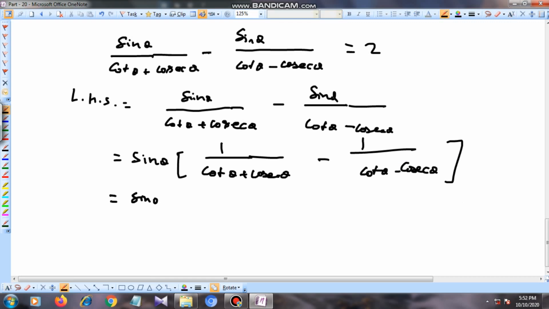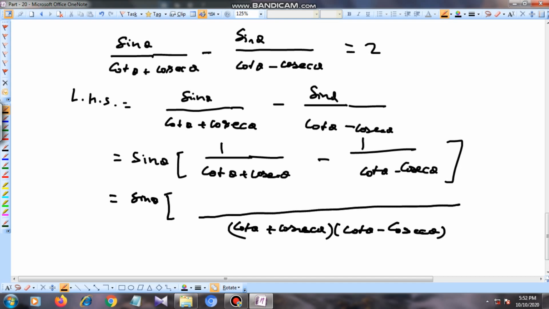So this is sin theta, and here the LCM is (cot theta plus cosec theta) into (cot theta minus cosec theta), minus... so here cot theta minus cosec theta minus cot theta minus cosec theta, right?